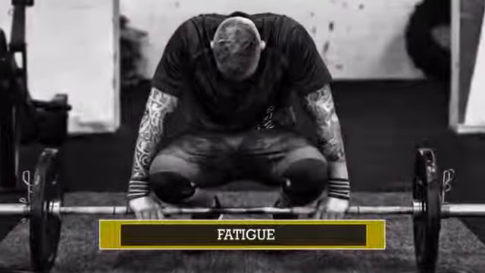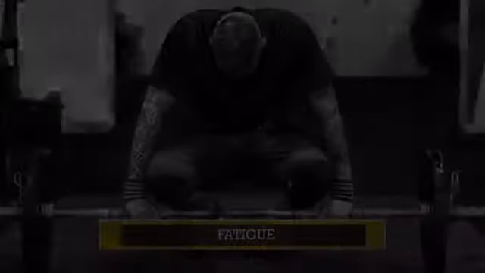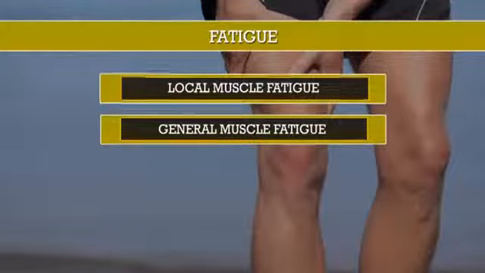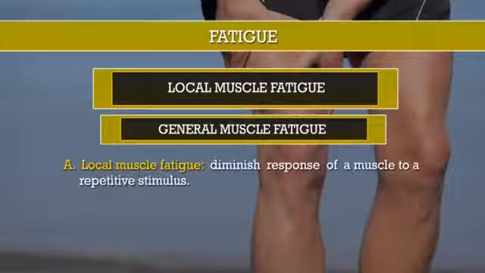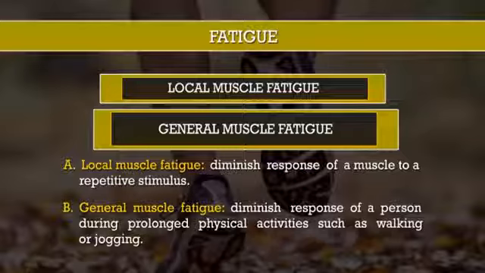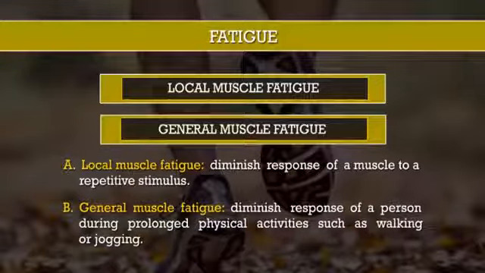Fourth one, fatigue, in which we have local muscle fatigue and general muscle fatigue. The first one, local muscle fatigue, is diminished response of a muscle to a repetitive stimulus. And second one is general muscle fatigue. In this, diminished response of a person during prolonged physical activities such as walking or jogging.